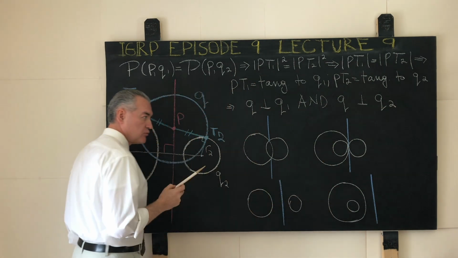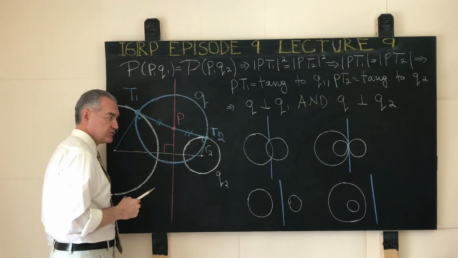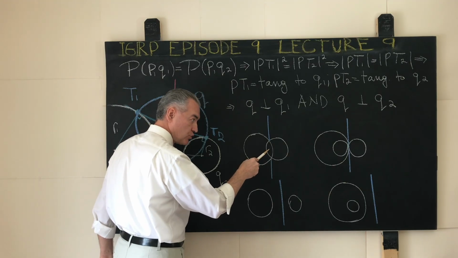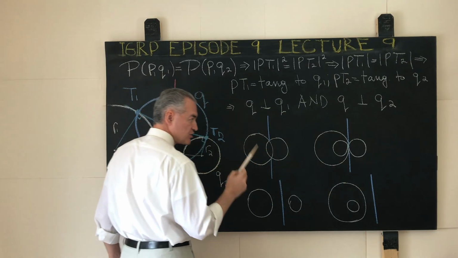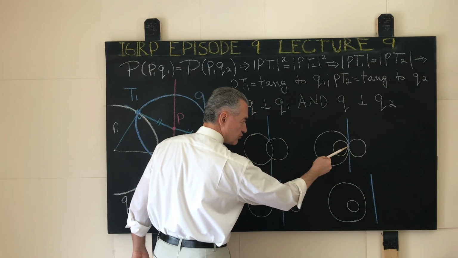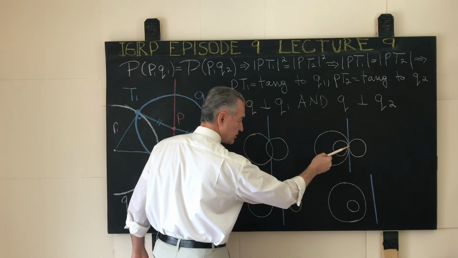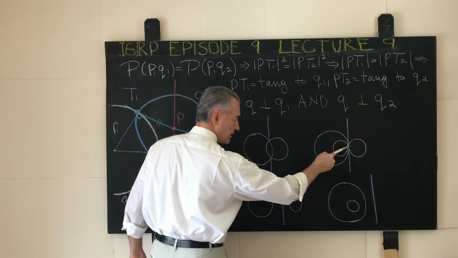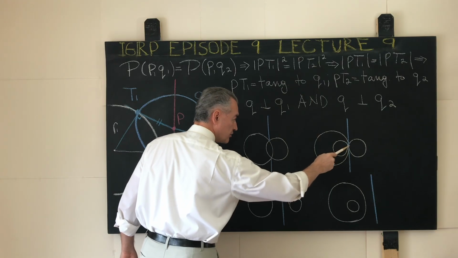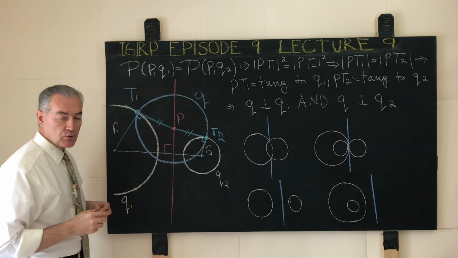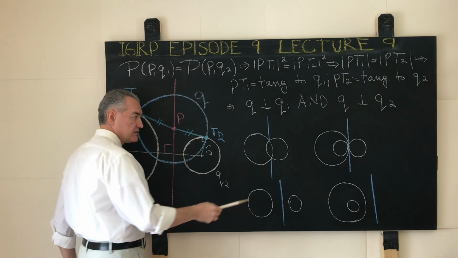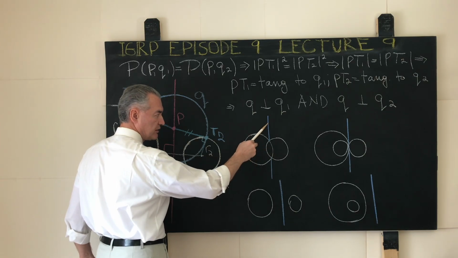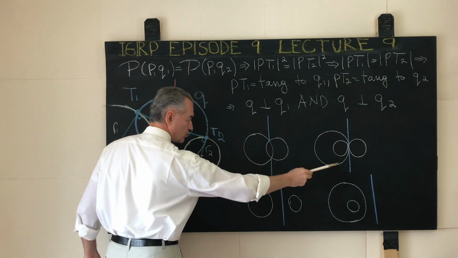Some of these points can be located, in this case for example, strictly inside both circles. And sometimes, as in the case on the right, when the circles touch externally or internally, such points that belong to the radical axis can be precisely on these circles. So now we want to consider the points on the radical axis that do not belong to the inner portion of any circle, but are located strictly outside of all the circles.